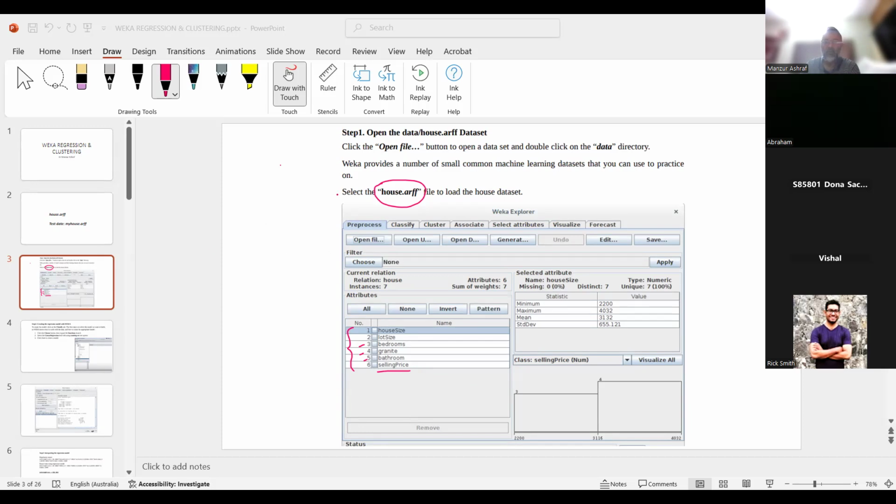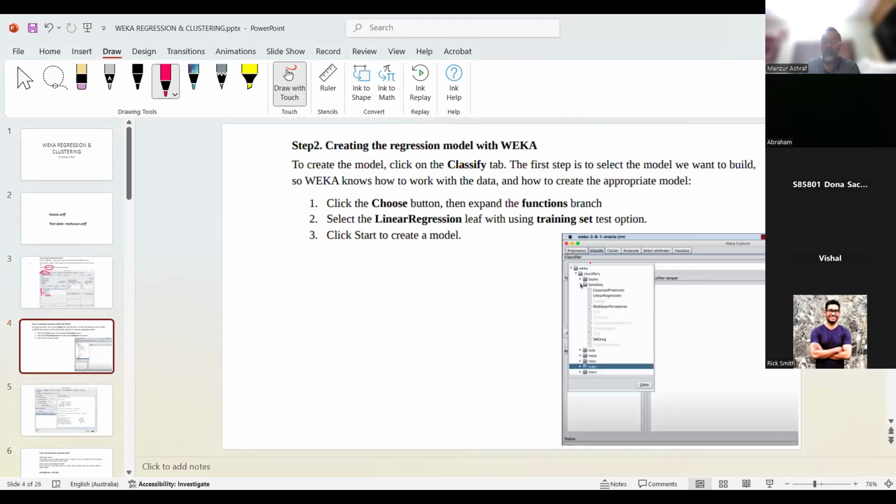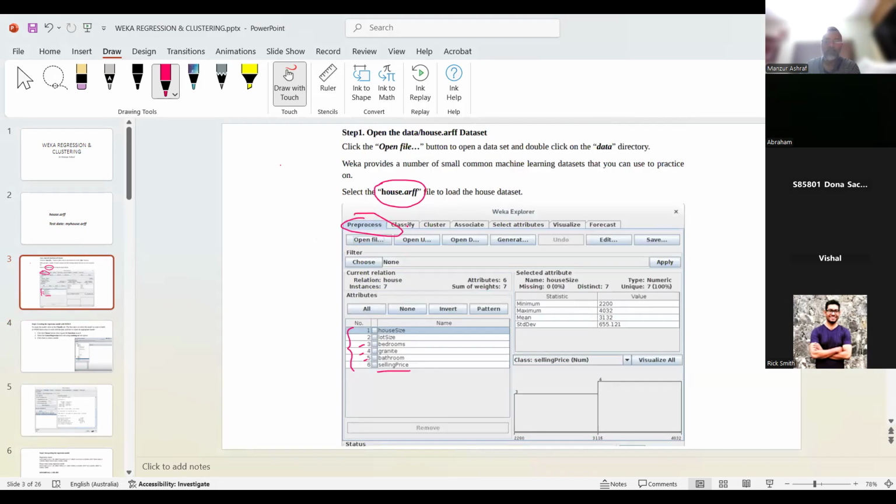Once we load the data under pre-process, we go to the classify tab. Remember that last class we also did the classify; this time we'll go through the same tab.